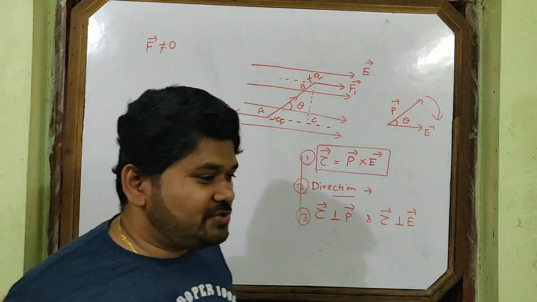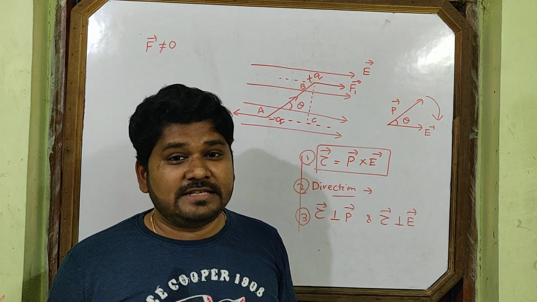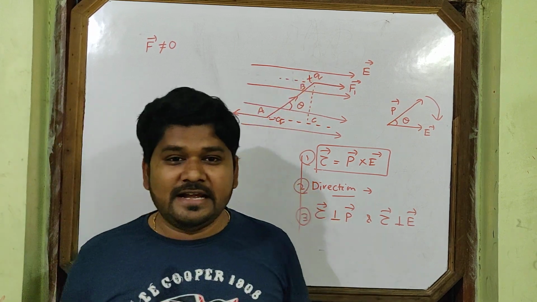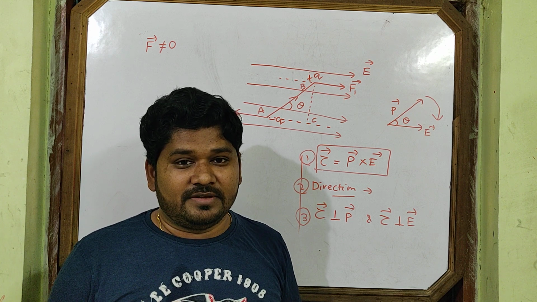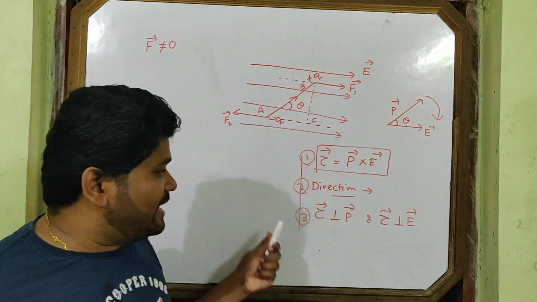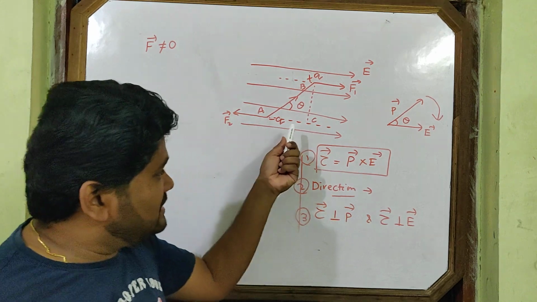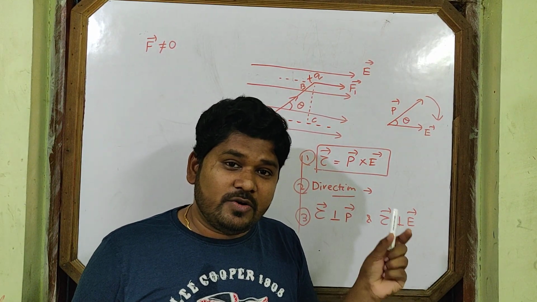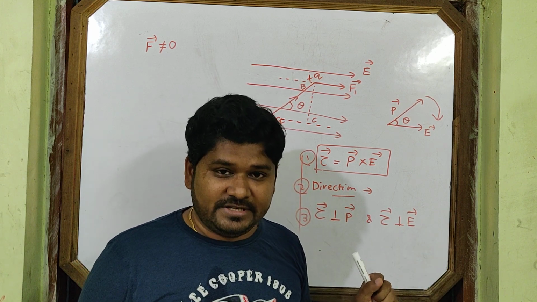The dipole executes translatory motion, and if it is at some angle with the electric field, it also executes rotational motion. So you can write that when the dipole is kept in a non-uniform electric field, it executes translatory motion and may execute rotational motion. Is it clear?